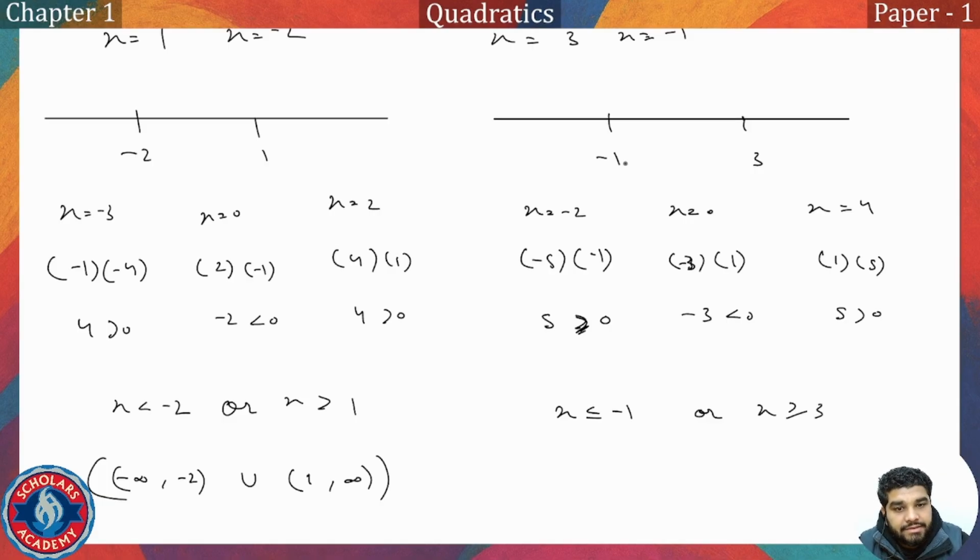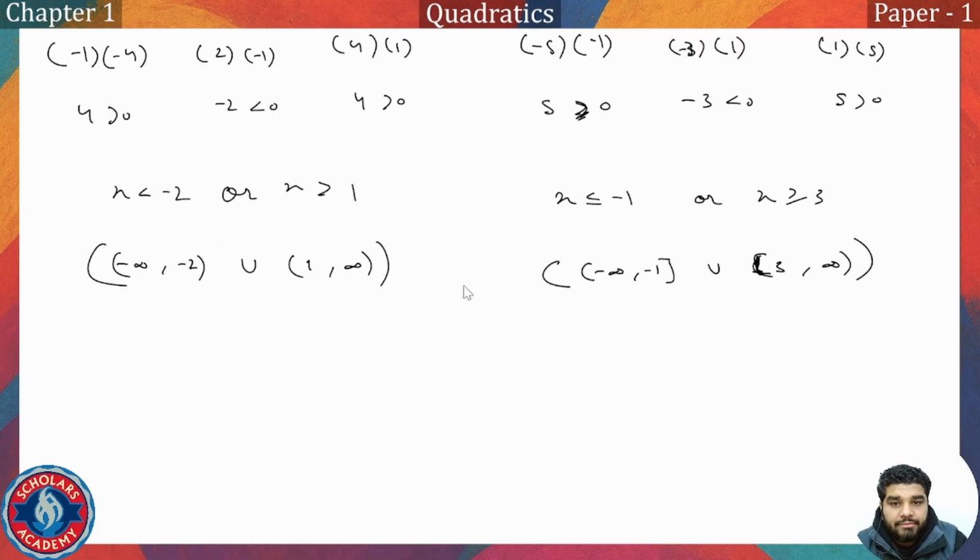The intervals are (−∞, −1] union [3, ∞), right? Now for both the inequalities, I will check the intersection of these two intervals.